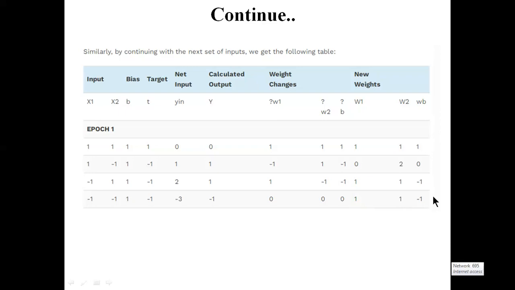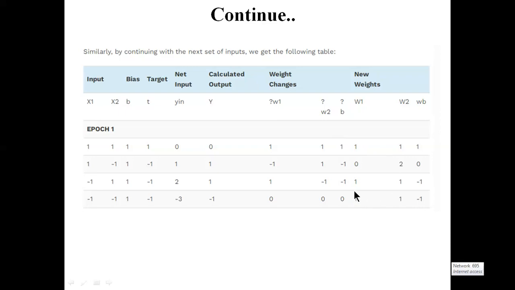Here is another thing you should remember, called the epoch. What is an epoch? Epoch is basically an iterative procedure. Here all four input output combinations have been covered, and we get the ultimate value 1, 1, minus 1.